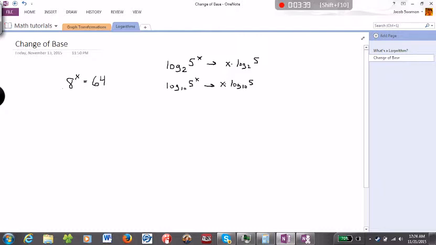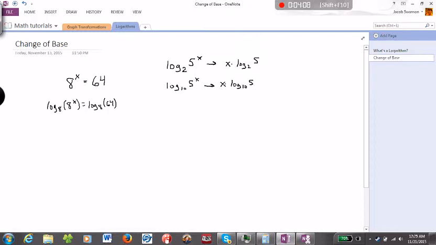I'm sorry if that was confusing, but that just means we're going to take the log base 8 of both sides. I'm going to do this step by step. This becomes the log base 8 of 8 to the x equals the log base 8 of 64.